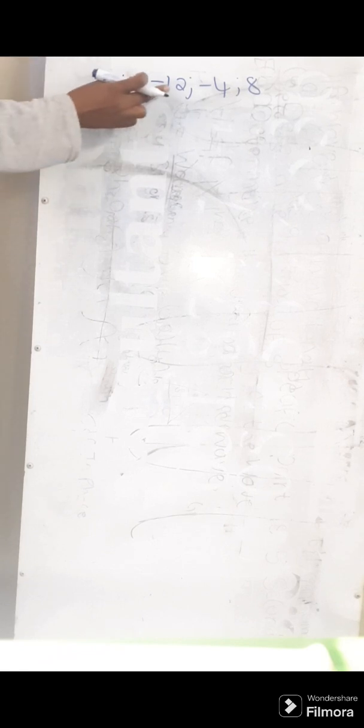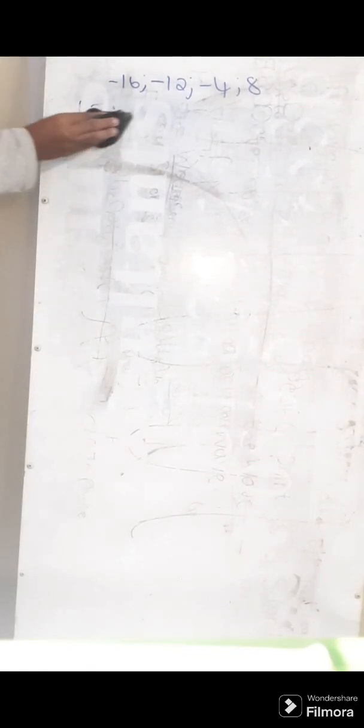So what we are going to do is that you say negative 12 minus negative 16, which will give us 4, sorry, and then you say negative 4 minus negative 12, and that will give us 8, and then we'll say 8 minus negative 4, and that will give us 12. And then the second constant difference will be 4. Let me do it so that you can see it.